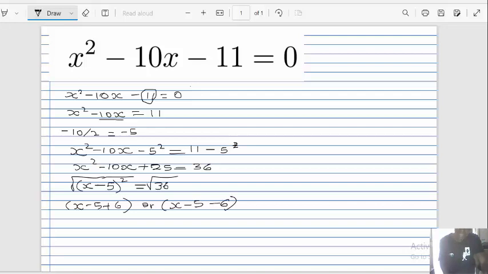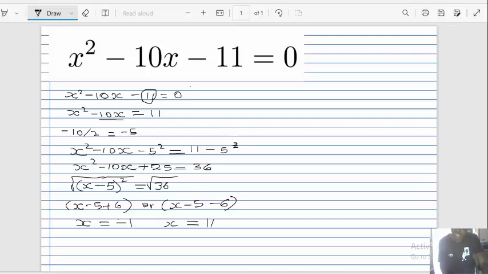Your final solution: x is equal to 1. So if you were to transpose the positive, it would be negative 1, right? And here you will get x equal to 11. That's your final solution for completing the square.